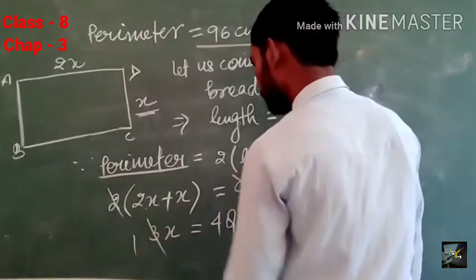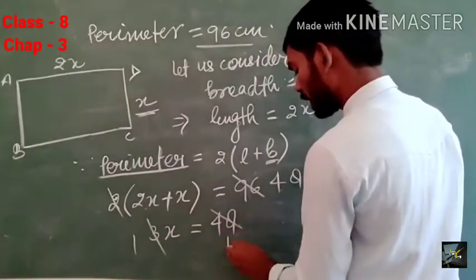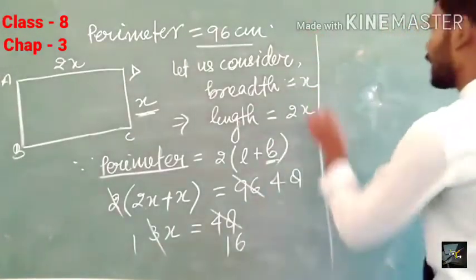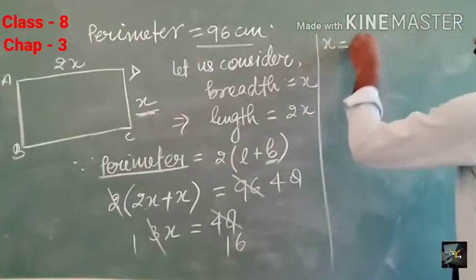Again simplify. 3 1s are 3, 3 1s are 3, and 3 6s are 18. Therefore we get the result as x is equal to 16.